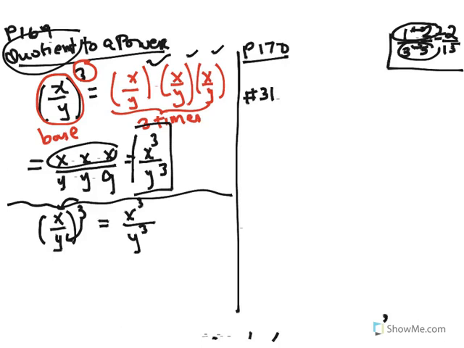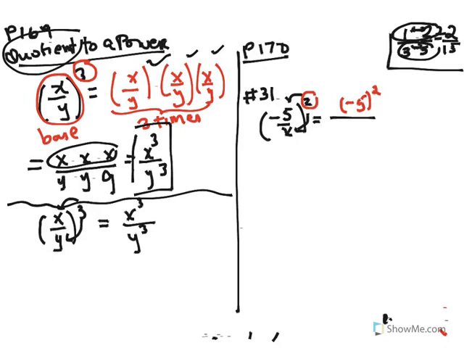So in problem number 31, I have -5 divided by x to the second power. Again, remember, I'm going to go here and go in the denominator. So I'm going to have, at the top, -5, right, to the second power.